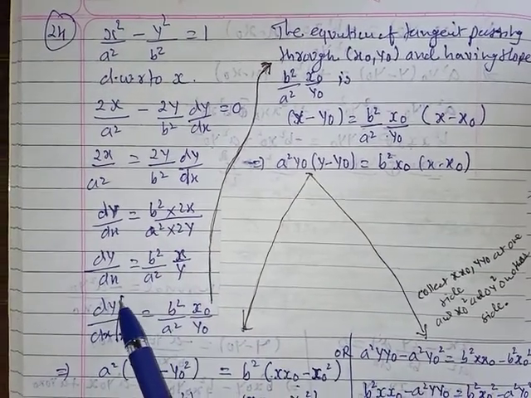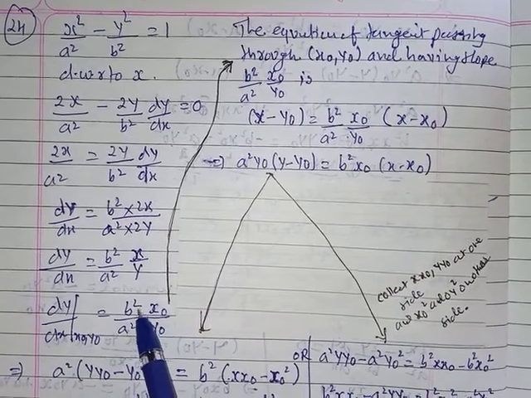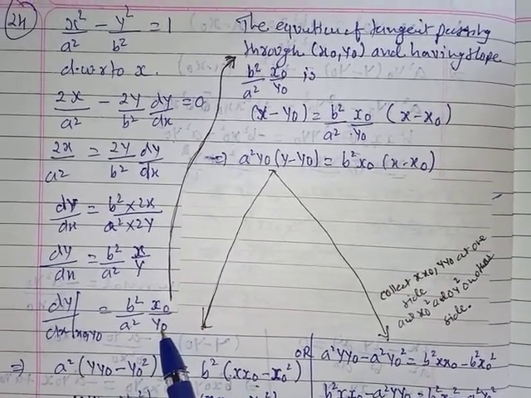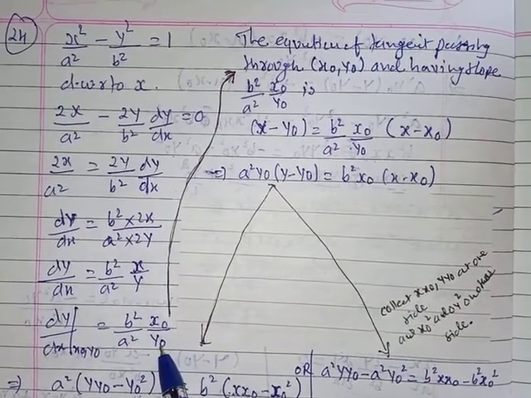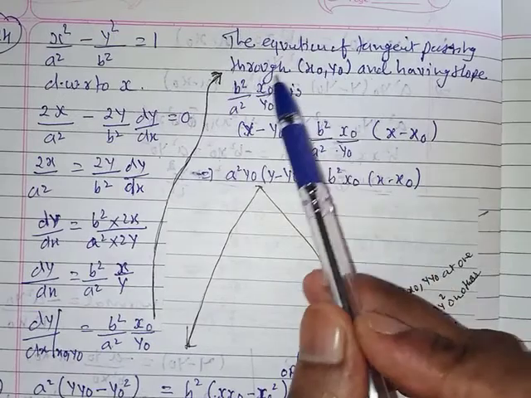So dy by dx at point (x0, y0) will be equal to b squared x0 upon a squared y0. We've got a point here, and now we have a slope.